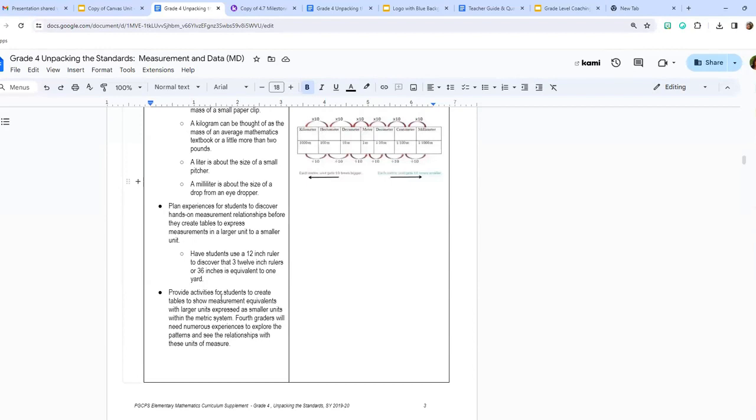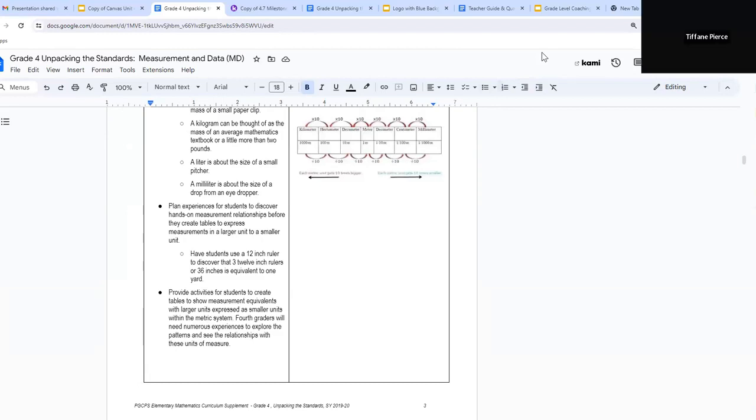You need to provide activities for students to create tables to show measurement equivalents with larger units expressed as smaller units within the metric system. Sometimes the table will be there and they will just automatically fill it in. Other times, they will have to create that table. They might be given a task where the table is not there for them.